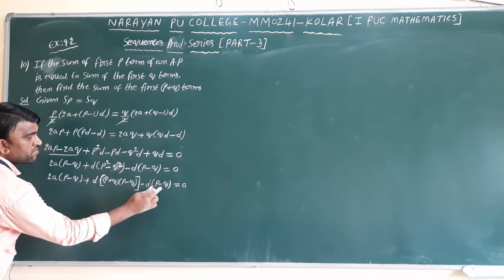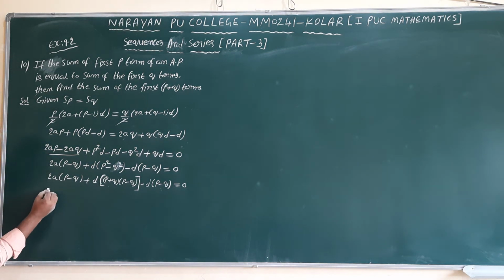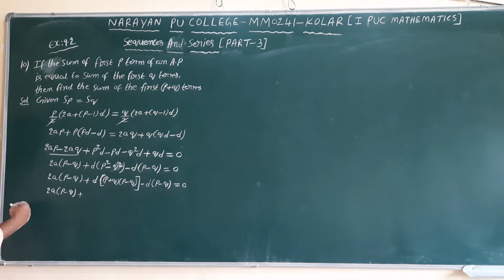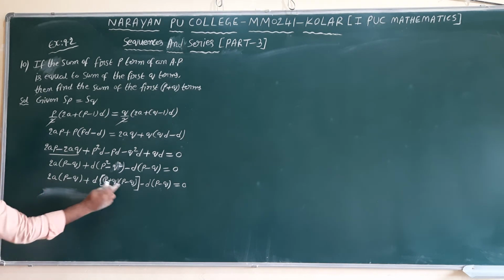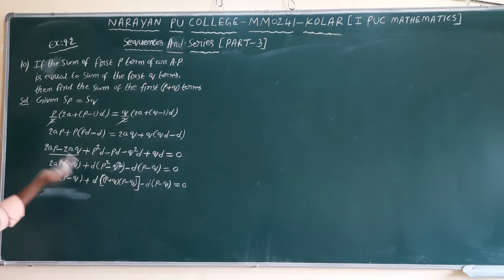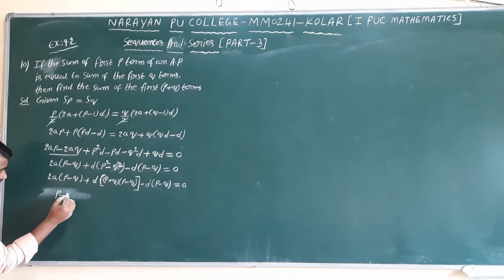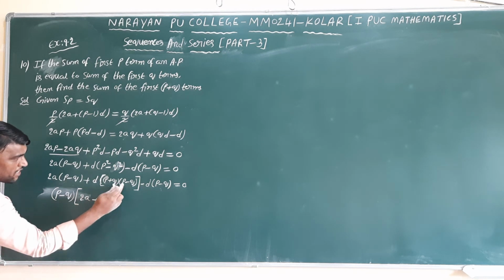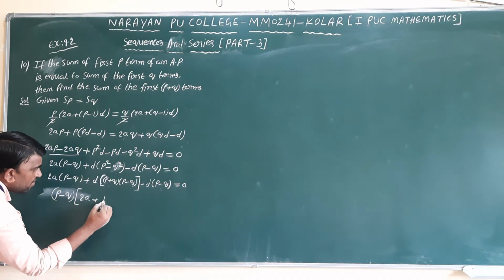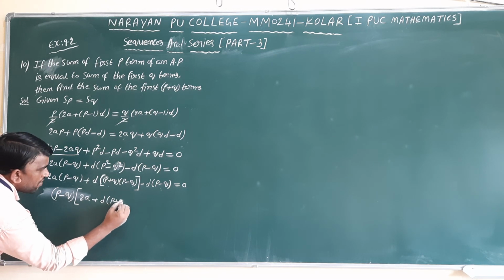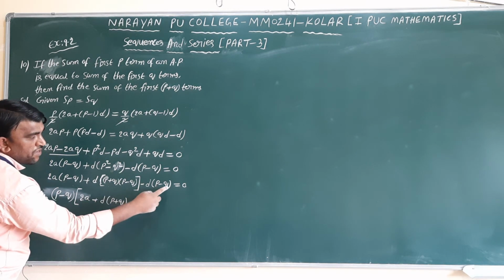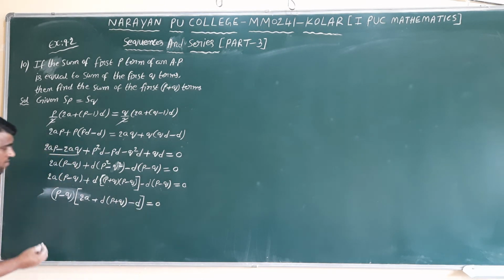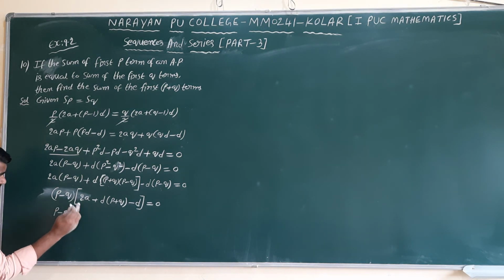From these two terms I will take p minus q common: 2a into p minus q plus d into p plus q, here p minus q I taken out, minus d is equal to 0. p minus q can never be 0.